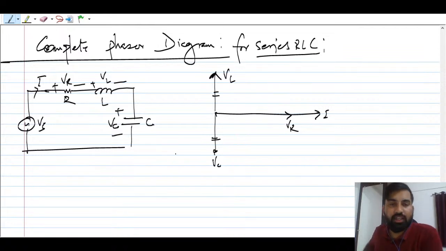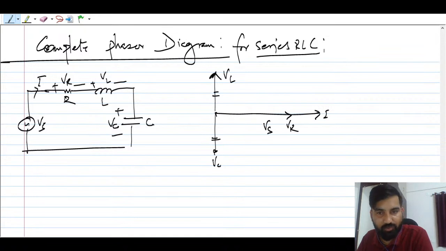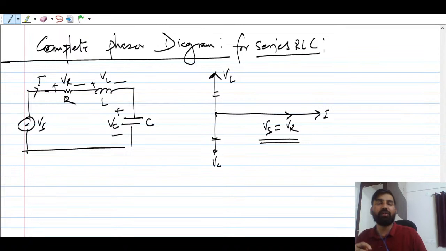At resonance, these voltages are going to be the same. So if they are the same, then your source voltage will be equal to the voltage across the resistance. If someone asks what voltage will appear across the resistance when your circuit has undergone resonance, you can directly say that the source voltage itself appears across the resistor. So these points you have to remember.